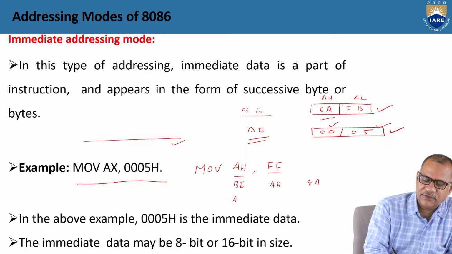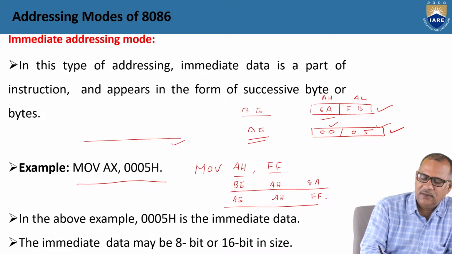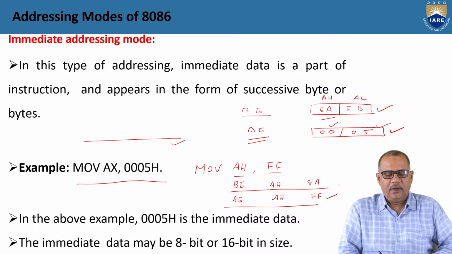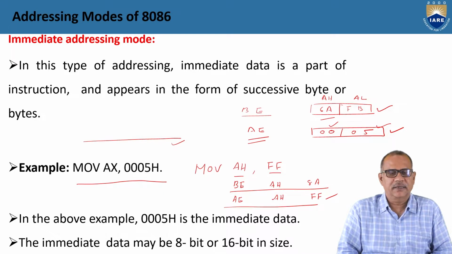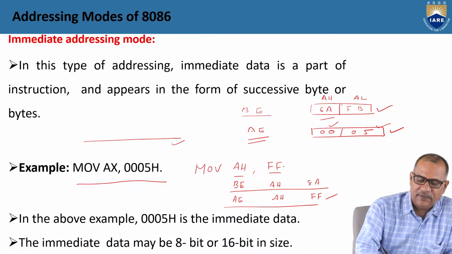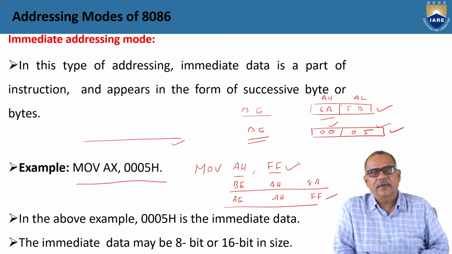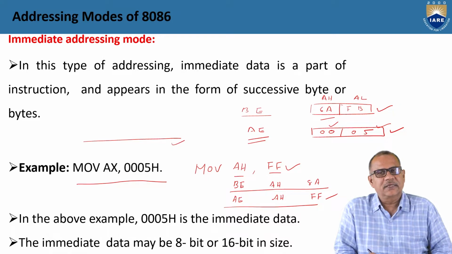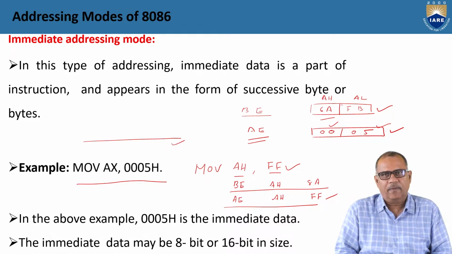After execution of this instruction, the contents of AH become FF. So this is the immediate addressing mode. The immediate data can be 8-bit or 16-bit in size.